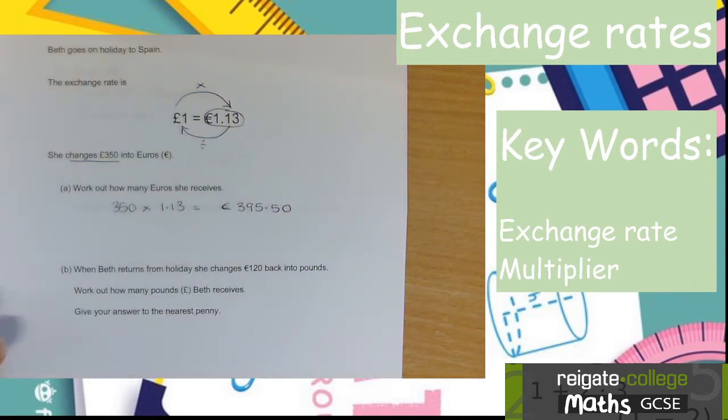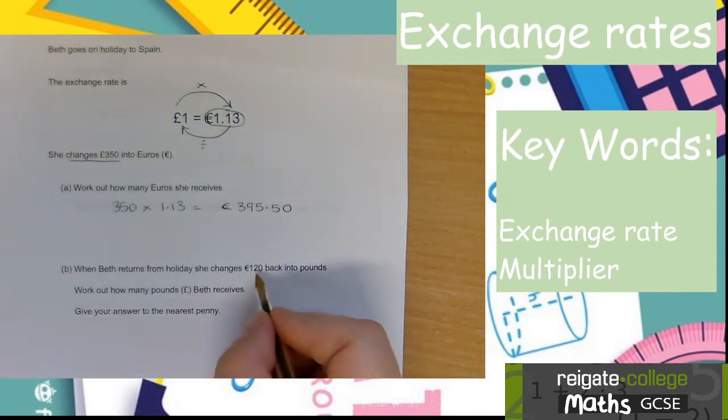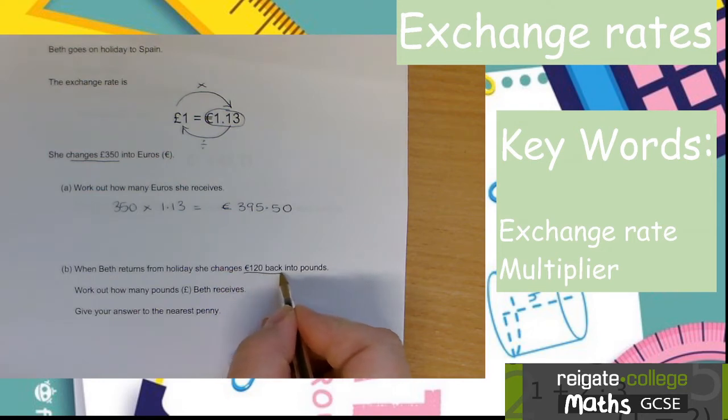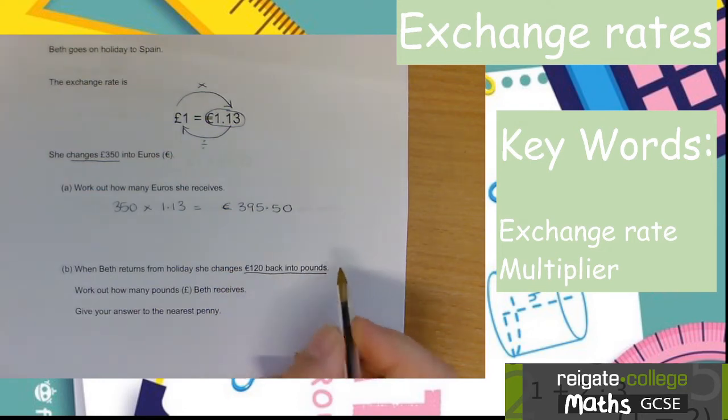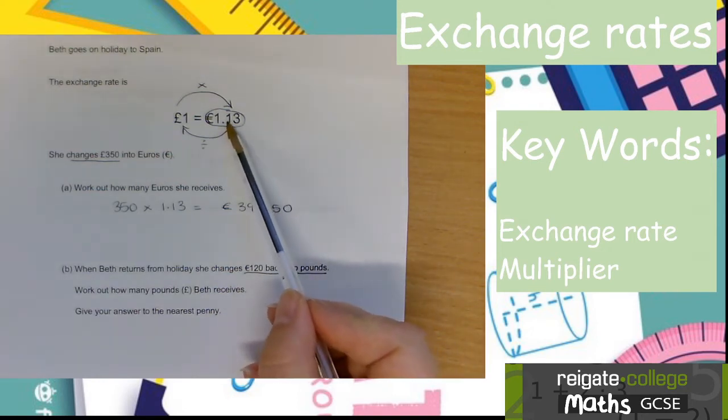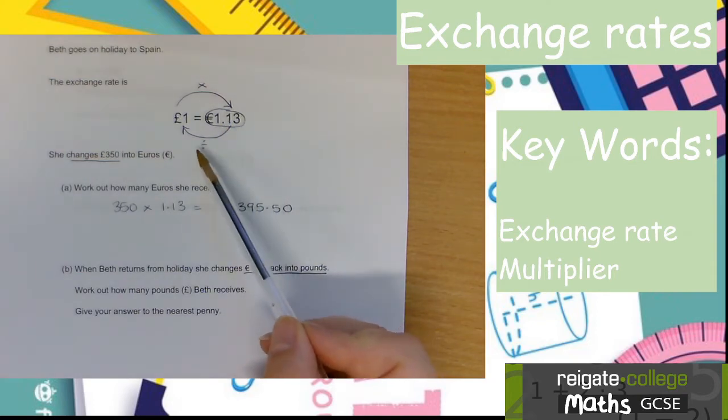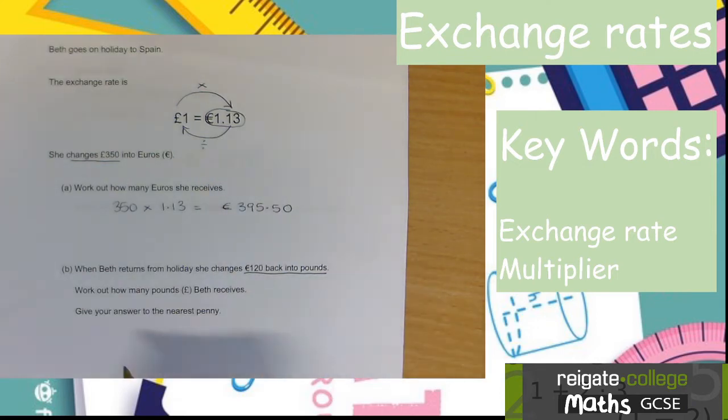The second part of the question is asking me to change euros back into pounds. So as I said, I'm still going to use this 1.13, but this time I'm going to divide.